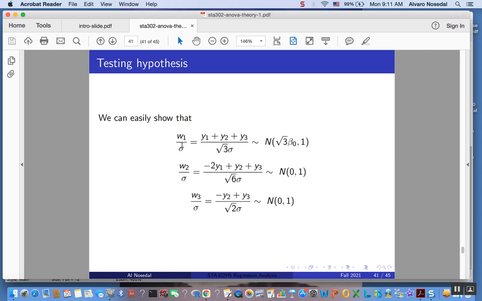Again, give it a shot. Just find the mean and the variance for this new linear combination and convince yourselves that you end up with that mean, but now, instead of a variance of sigma square, you end up with a variance of 1. Same goes with W2 divided by sigma, and W3 divided by sigma.